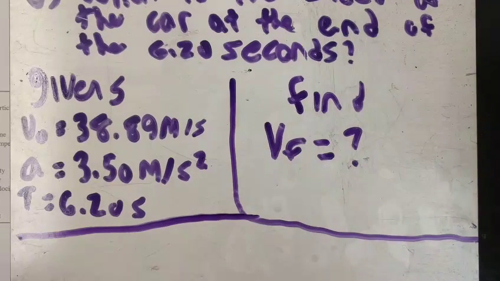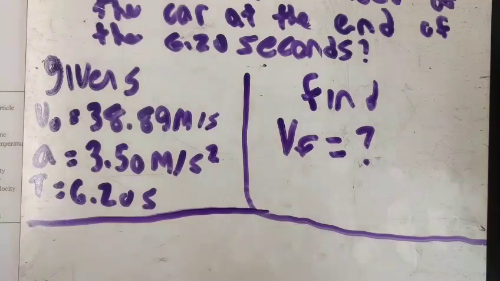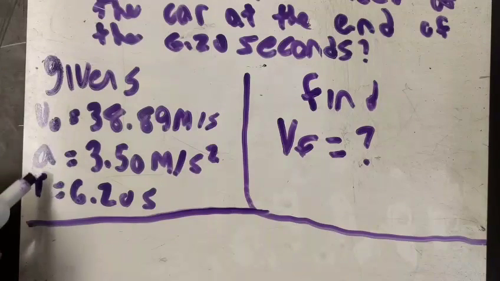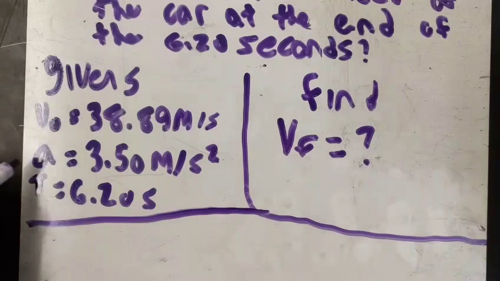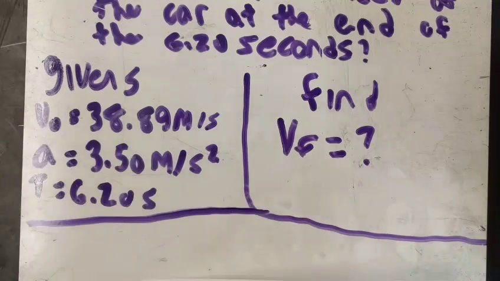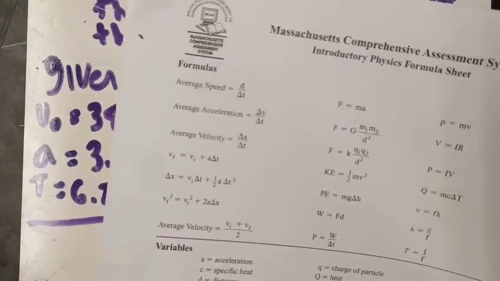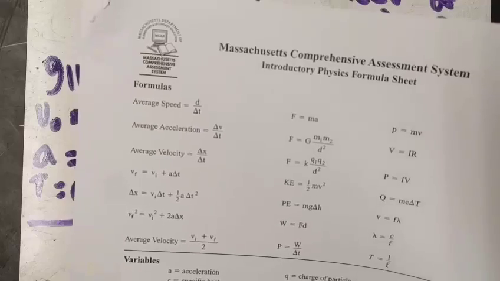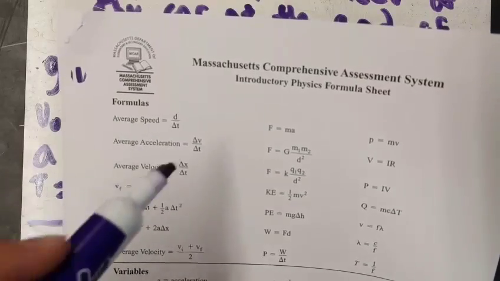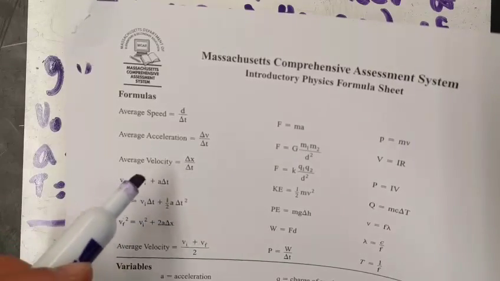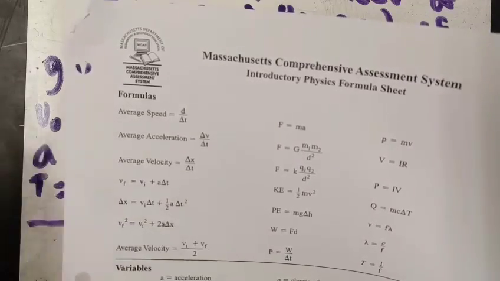And so now that we have these values, we can refer back to our formula sheet, and we're going to want to keep an eye out for these symbols or letters. So looking at this formula sheet, we have a bunch with velocity. For example, that one, this one, this one, this one, this one.